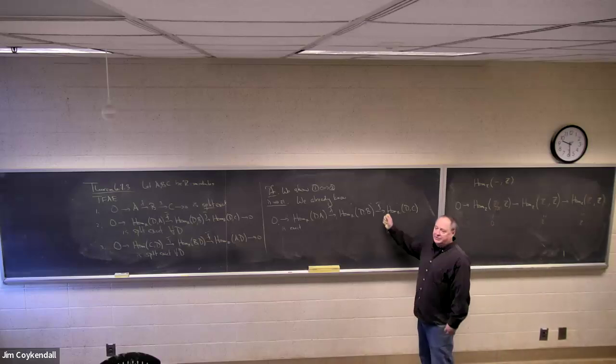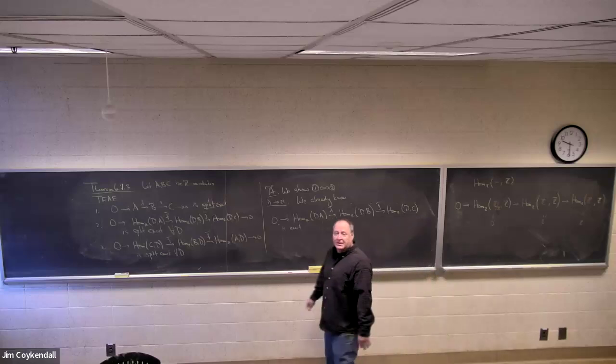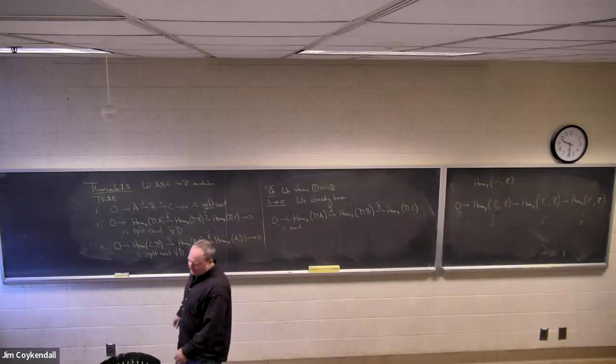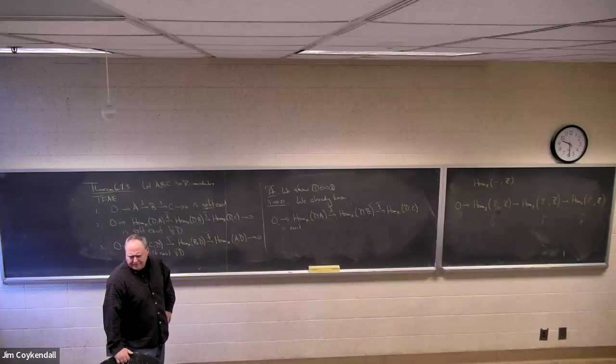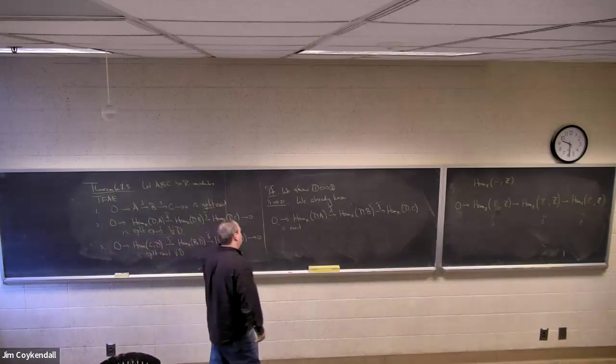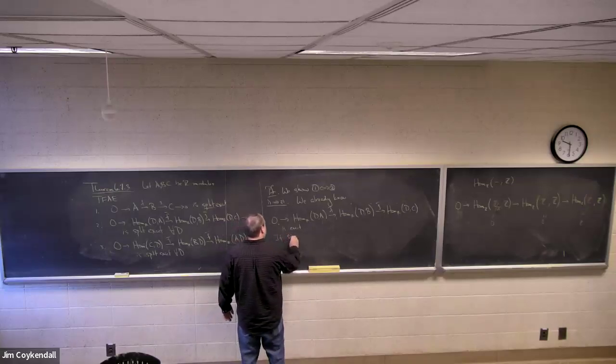I need to show that this is exact, which means the G bar is onto. And I also need to show that this is split exact. So I need to find the splitting here. I can do this in one fell swoop as follows.